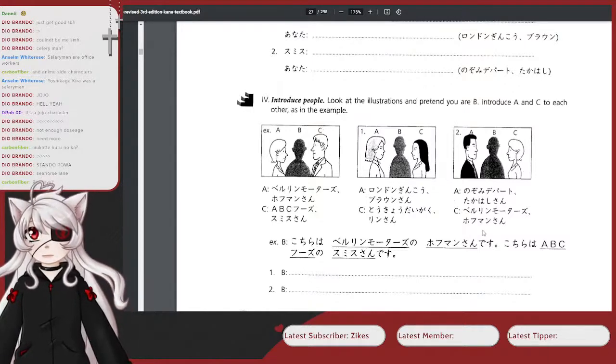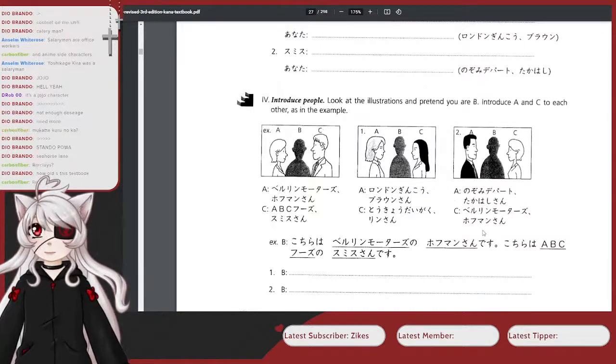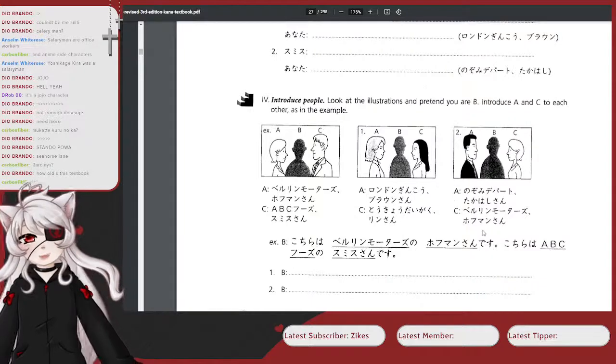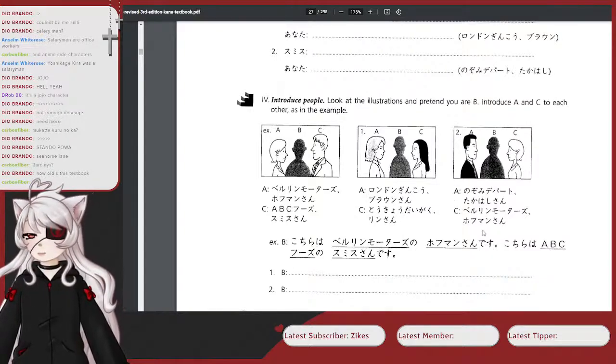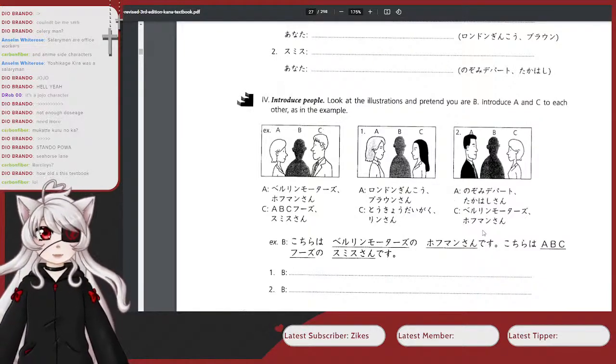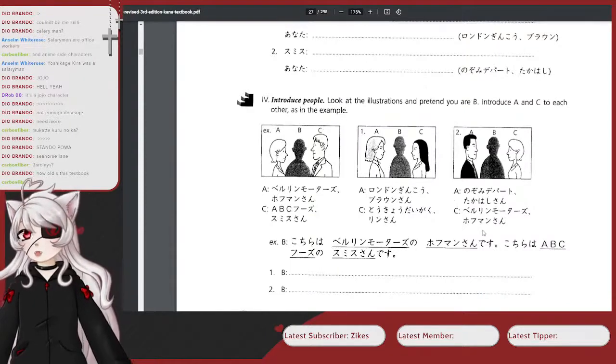I'm not sure. How old is this textbook? It is 8 years old. Why? Are you insulting my textbook? So young. My textbook isn't allowed to stream without supervision. I got an updated textbook.